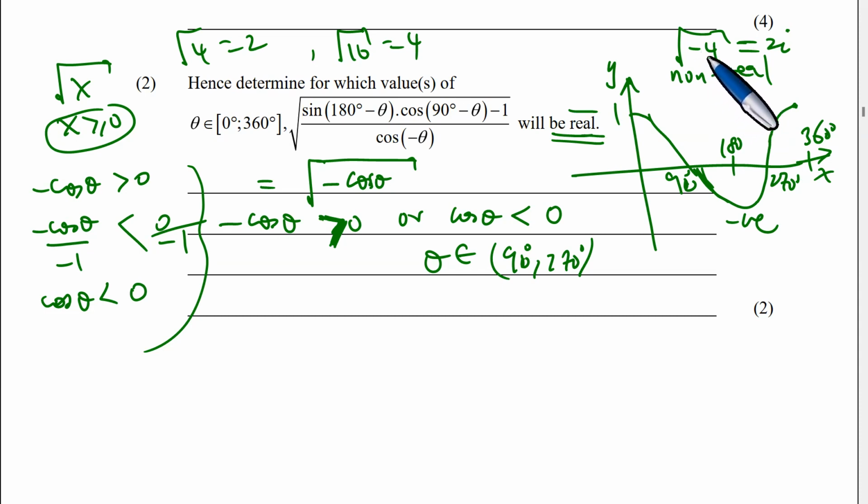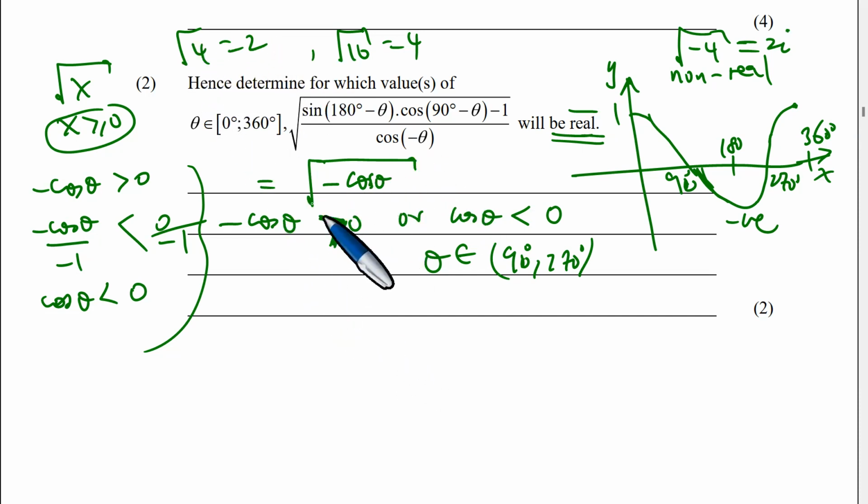Because the number under the square root is a negative number. So if we want the result to be real, we must make sure that what is under the square root is a positive number. Then we're going to have a real answer, an answer that's a real number.